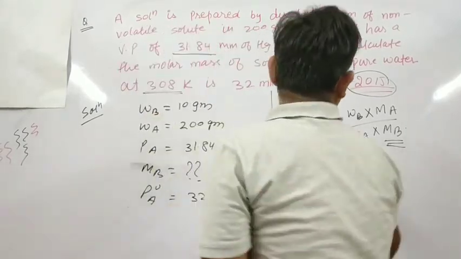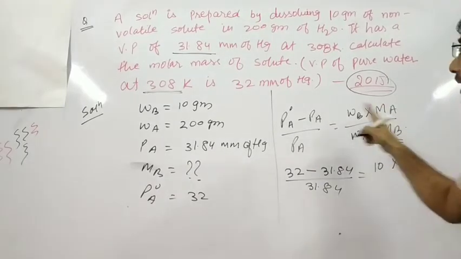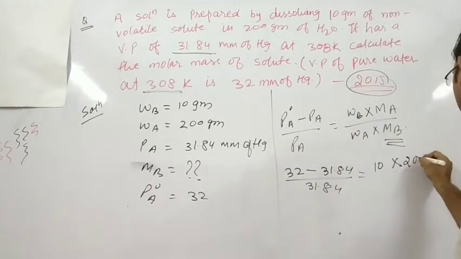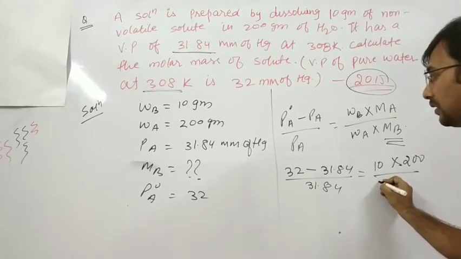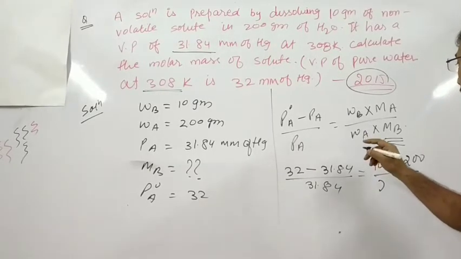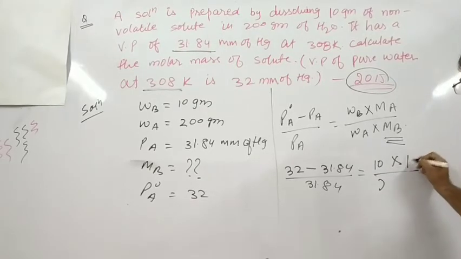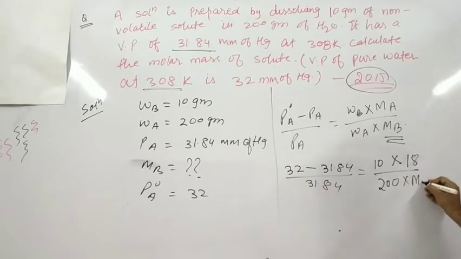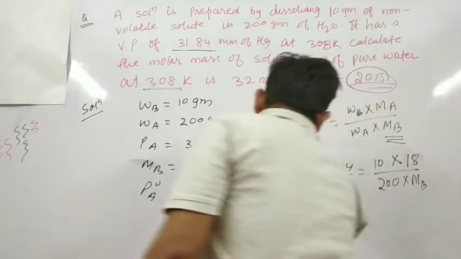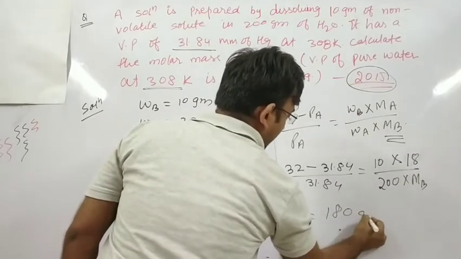This is equal to WB 10 into MA. Sorry, this MA is 18, divided by WA 200 into MB. Now if we solve this, the final value of MB we will get is 180 gram.